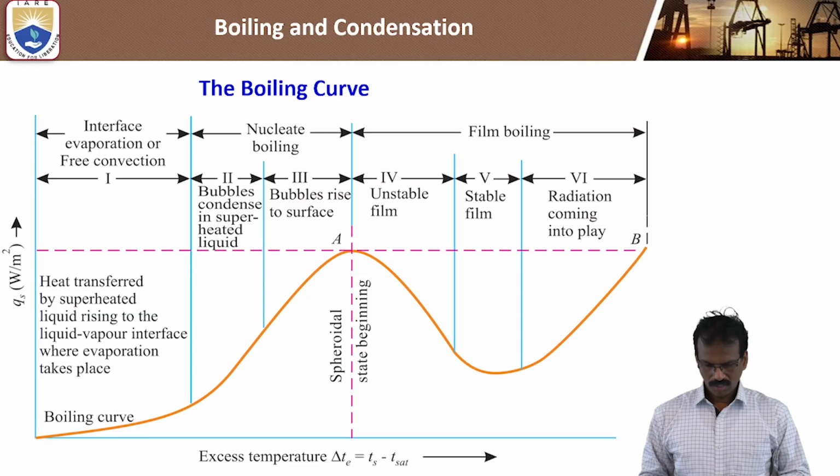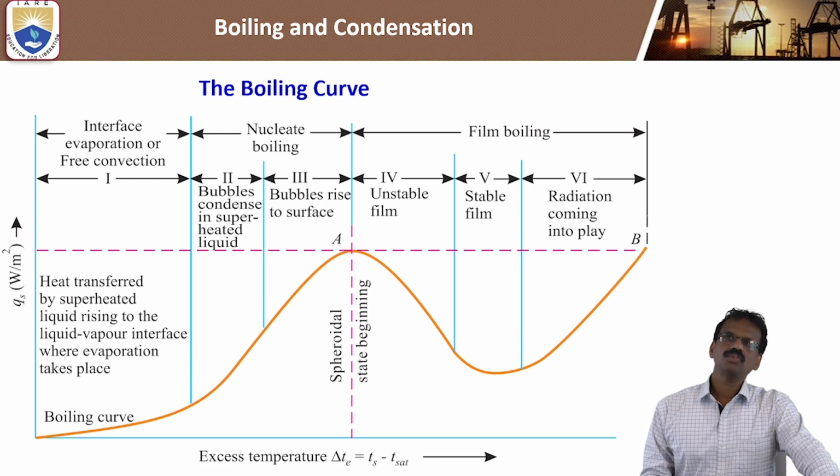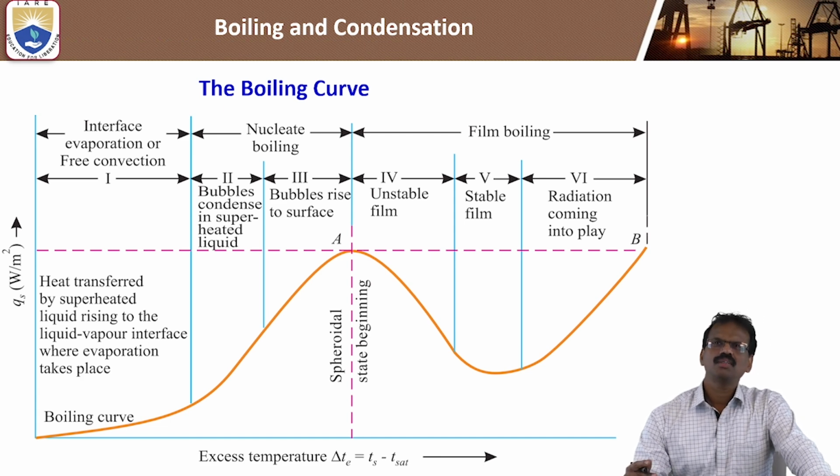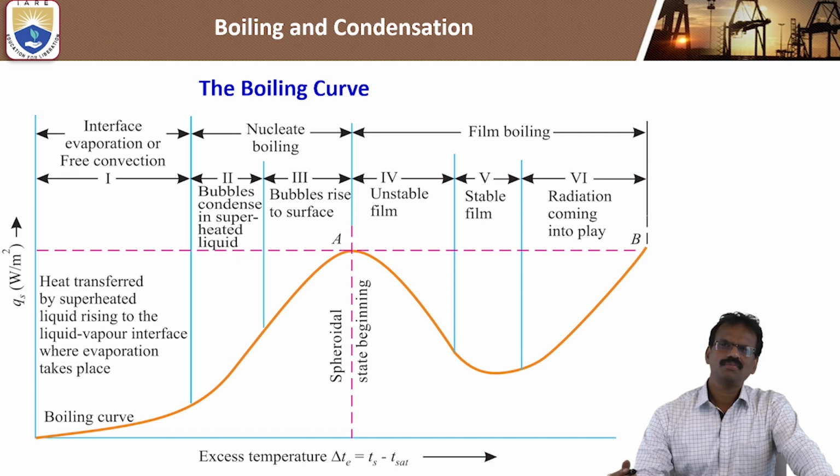So in the last class, I already told that in the previous chapter on convection we see only heat transfer. It means heat transfer from one surface to another surface, or solid to liquid.